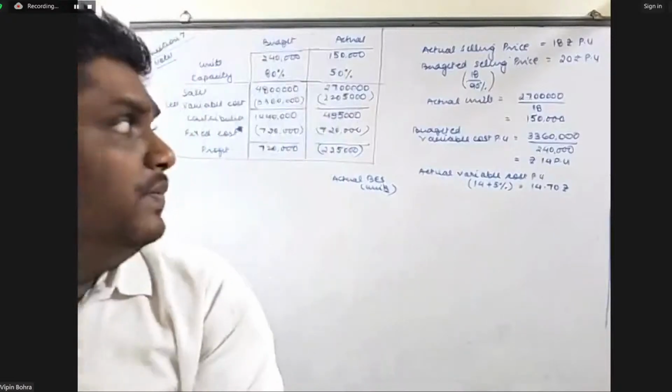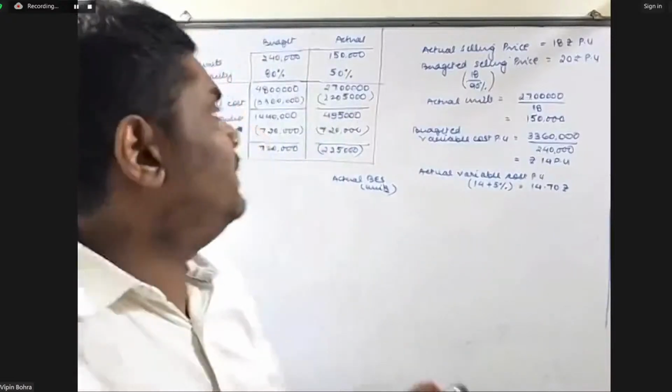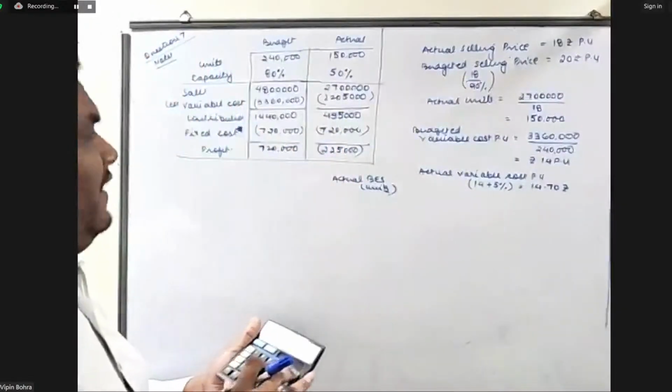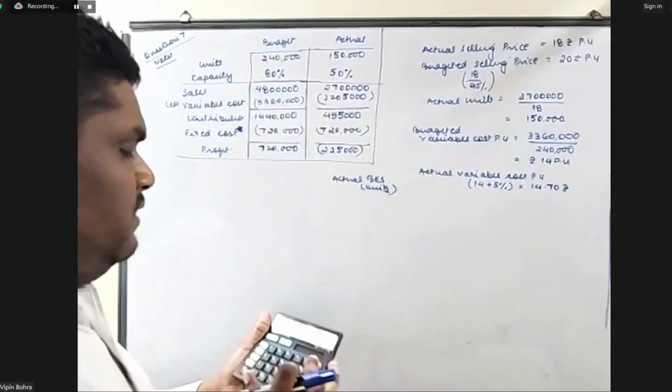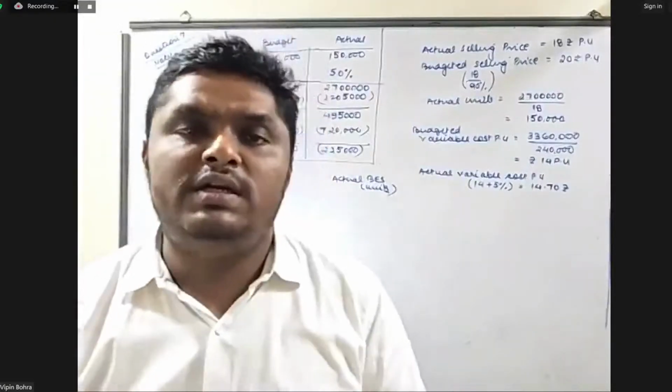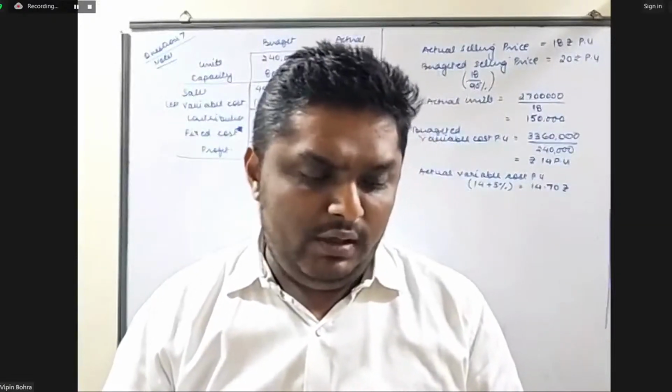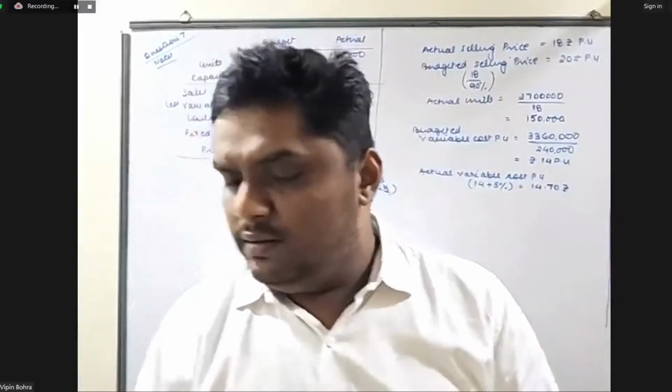So it's very simple, Shweta. My contribution is 4,95,000 divided by 1,50,000. So my contribution per unit is 3.3. 7,20,000 divided by 3.3. So 218.